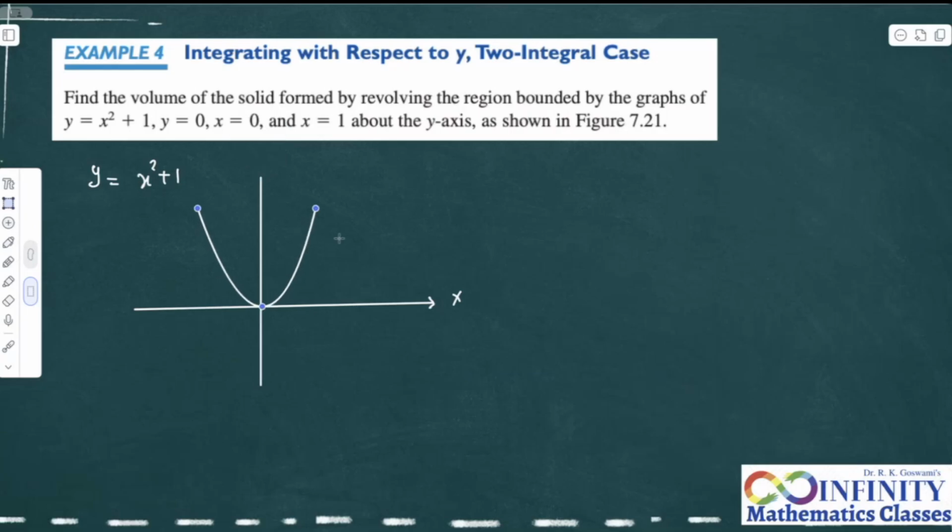Now when you add 1, you just shift the graph up by 1. This is the graph of y equals x square plus 1 that you will get.